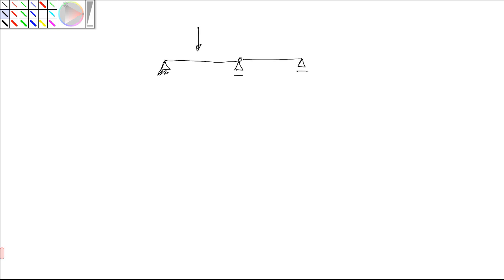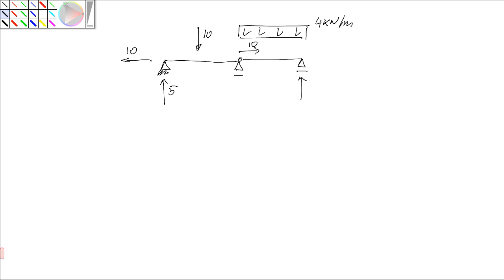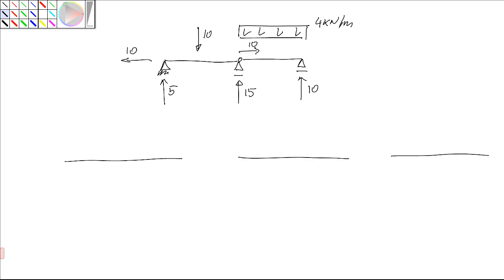You have a concentrated force here, another concentrated force here, a distributed force here, and then we have the reactions. 10 to the left here, this is 10, this is 10, this is 5, CY was 10, and BY was 15. And we have the usual 4 diagrams.